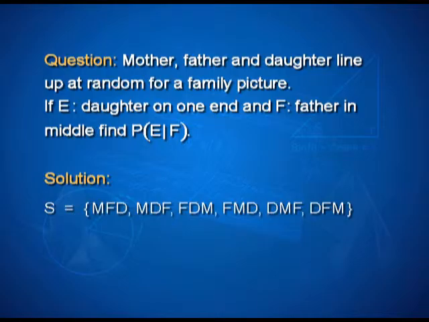So, that means these are the only 2 possibilities that have been known to have occurred. Out of this, what are the cases where daughter appears on one end? Well, trivially, both are the cases, daughter could be on the left or on the right side of father, and therefore, in this case you do not need any formula, it is a sure event.